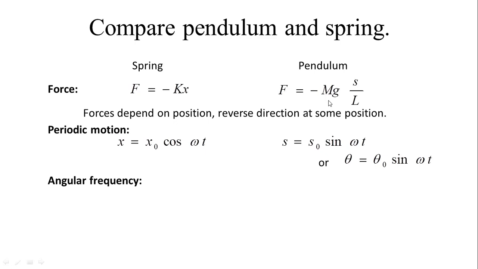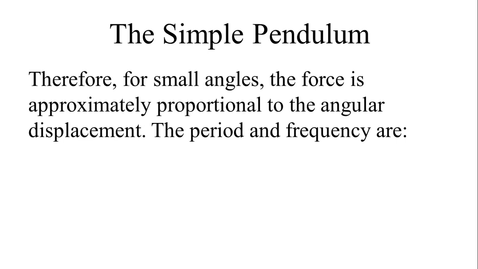Angular frequency in one case is omega equal to square root of k over m, and in the other case omega is equal to square root of g over L. Now, the simple pendulum is the best example of simple harmonic motion. Therefore, for a small angle, the force is approximately proportional to the angular displacement.